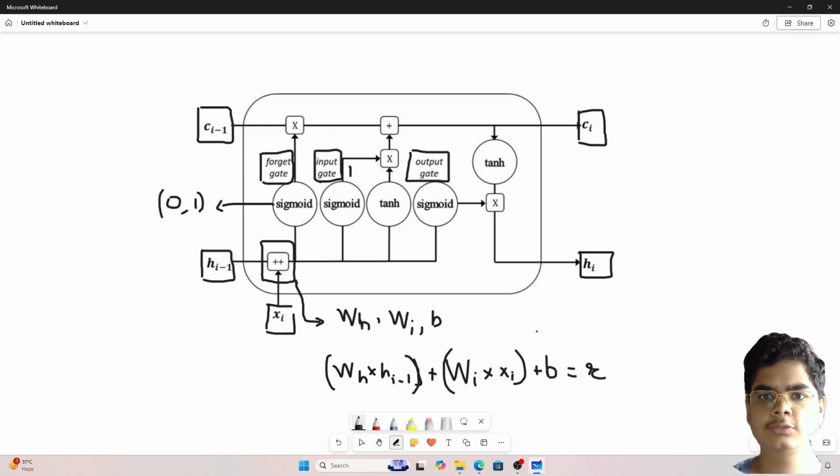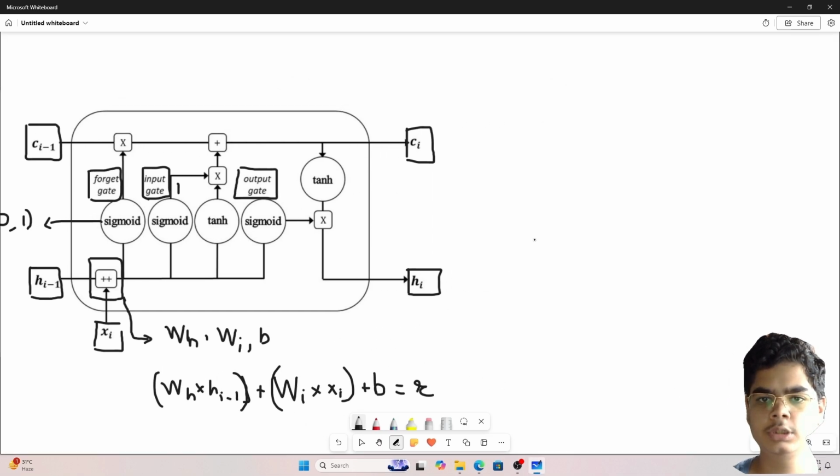So to summarize what is actually happening here, let us say that this is a neuron which belongs to LSTM network, and let us divide this neuron in three parts. So this is the first part, this is the second part, and this is the third part.